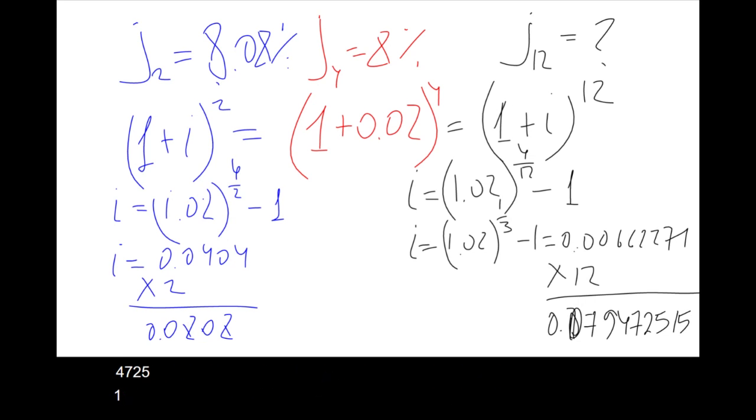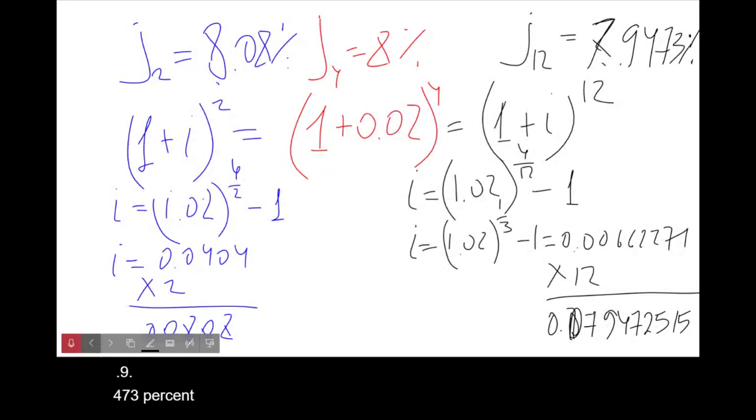0.079472515. So here I have 7.9473%. Oops, something went wrong. Okay. And again, this logic of reverse relationship I have here.